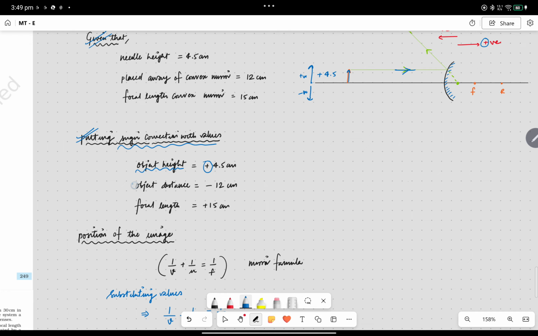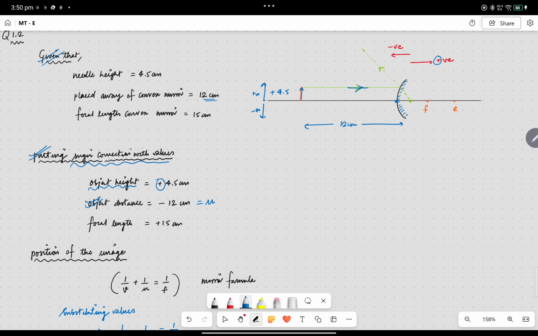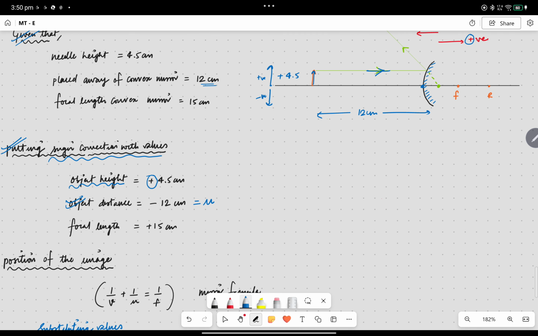Second thing is the object distance u, which is given, placed 12 centimeter away from this mirror. This way. But this is not the whole thing, you also have to add a sign with it.